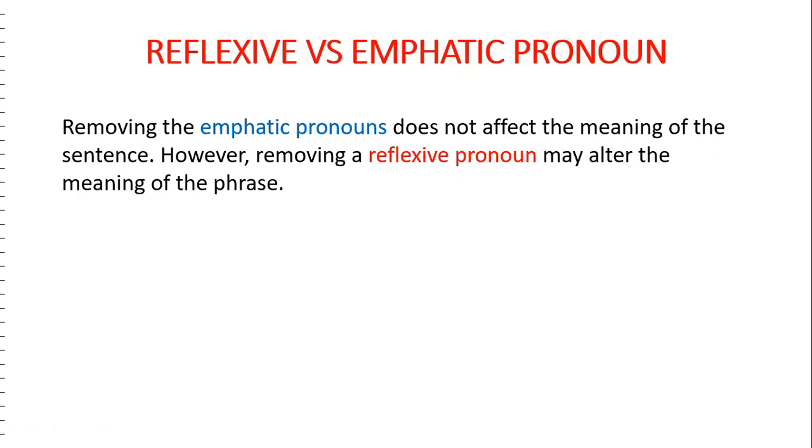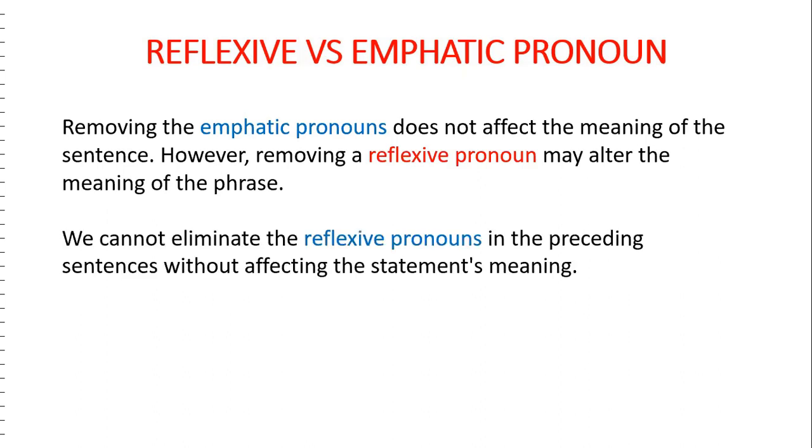If you remove an emphatic pronoun, it does not affect the meaning of the sentence. However, removing a reflexive pronoun may alter the meaning of the phrase. We cannot eliminate the reflexive pronoun in the preceding sentence without affecting the statement's meaning. If you remove an emphatic pronoun from the sentence, the sentence's meaning and sense will not be affected.